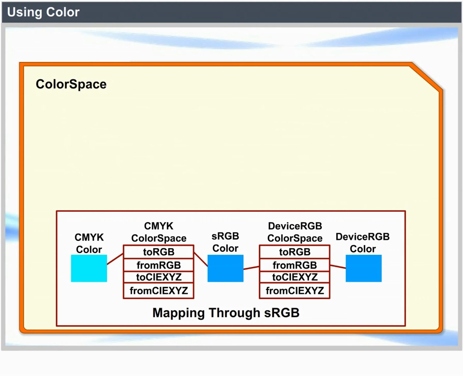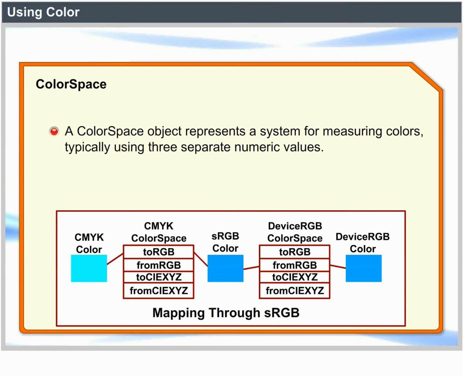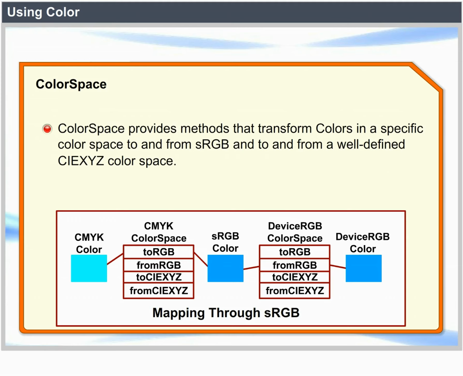ColorSpace. A ColorSpace object represents a system for measuring colors, typically using three separate numeric values. ColorSpace provides methods that transform colors in a specific color space to and from sRGB and to and from a well-defined CIEXYZ color space.